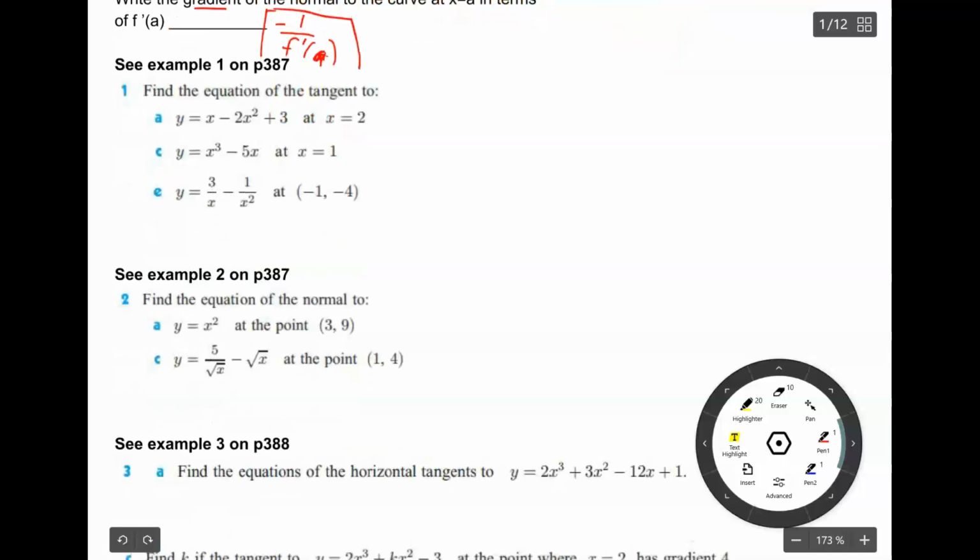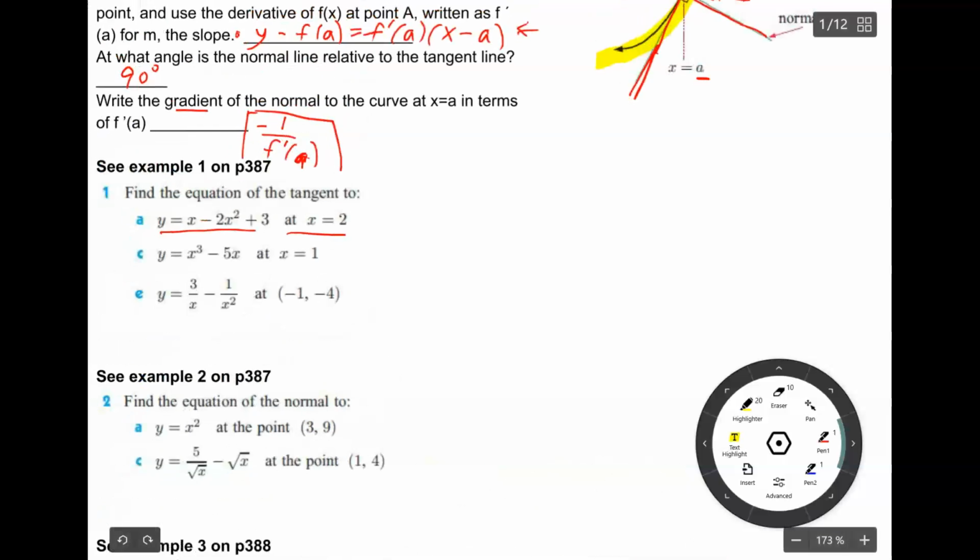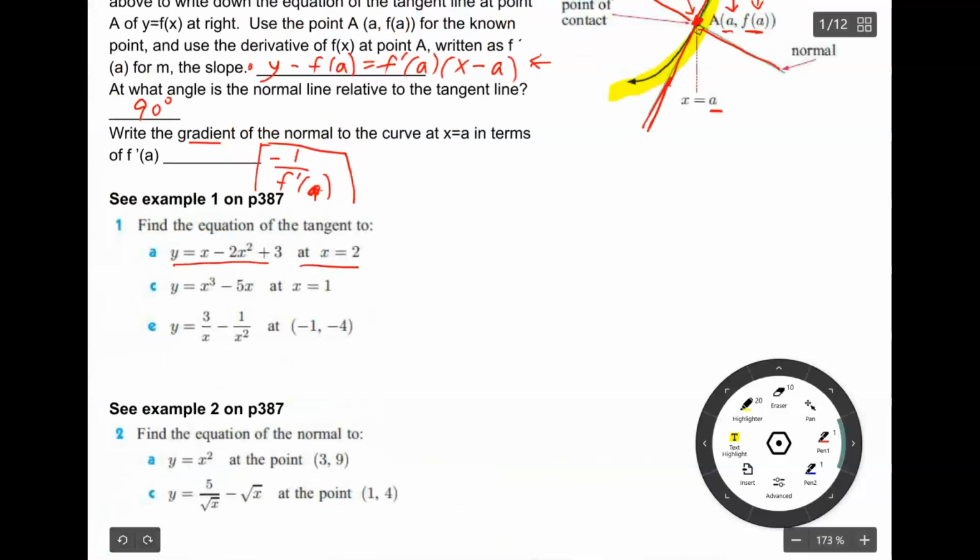Number 1, find the equation of the tangent to this function here at x equals 2. So we are going to basically fill this in with real numbers. First of all, our a value is 2, right? So what is f of a?